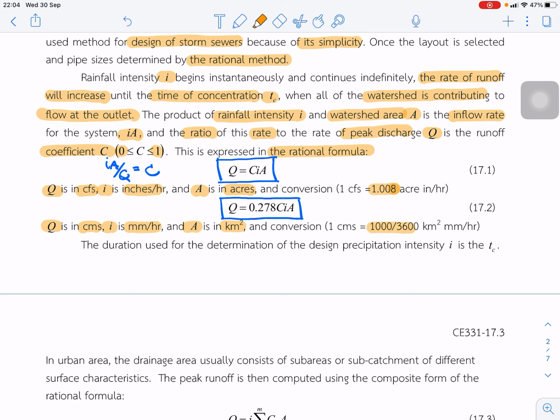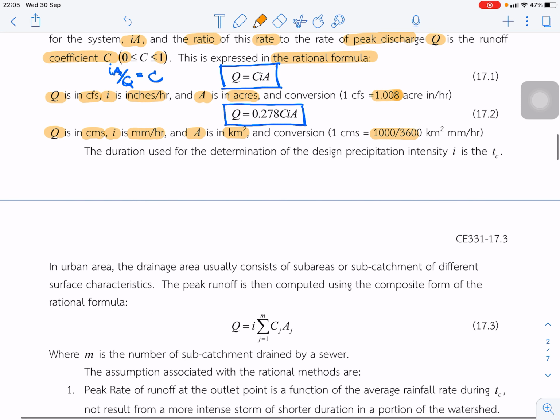So this is the conversion unit from square kilometer millimeter per hour to cubic meter per second. The duration used for the determination of the desired rainfall intensity I is Tc.